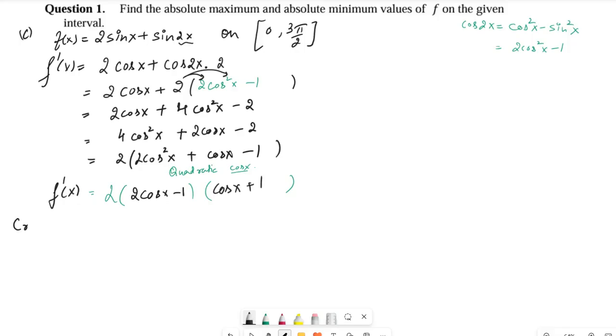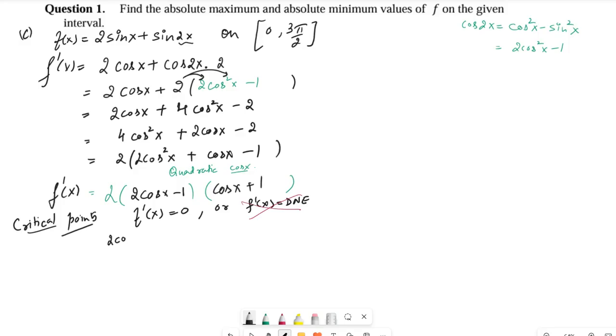The second step is to find critical points. Critical points means where f prime x is equal to 0 or f prime x does not exist. Now this derivative consists of cosine. Cosine exists everywhere, so we don't really need to work on this part. We only need to work on when this is equal to 0.